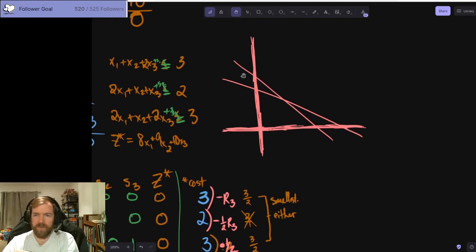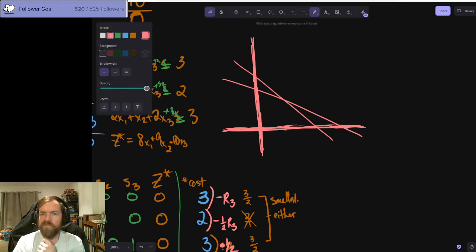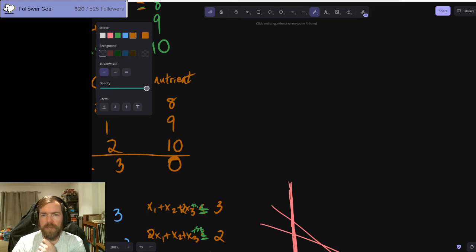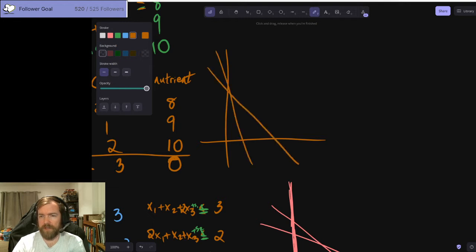So realistically, what we've done is we've gone from taking our original problem, which looked something like this, and say we want everything to be greater than or equal to, our nutrients have to be greater than or equal to our 2 lines here and our axes here.